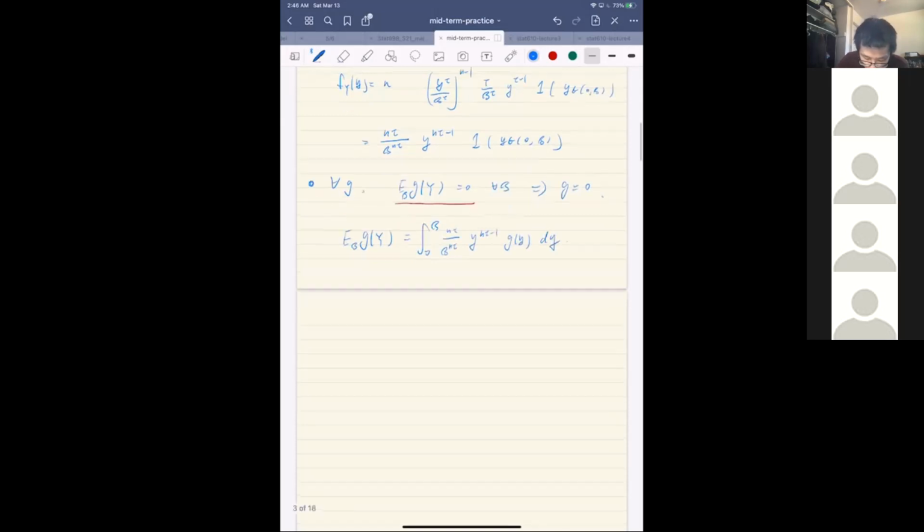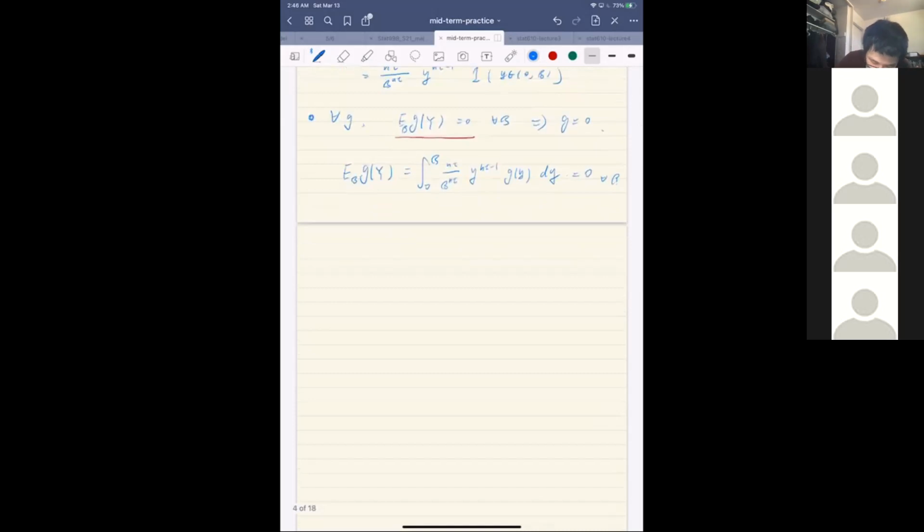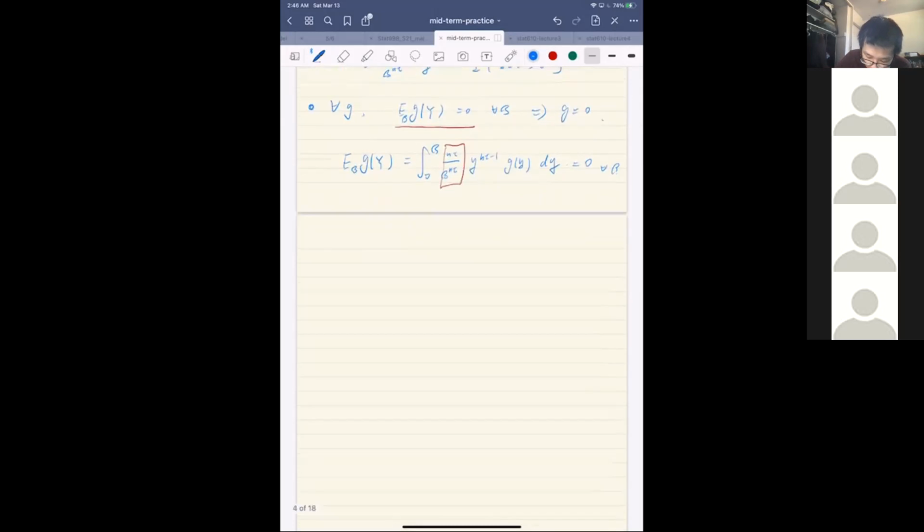So this should be 0 for every beta. And because these are parameters, we can get rid of this. So this will imply that the integral from 0 to beta of g of y times y to the n tau minus 1 dy equals 0.